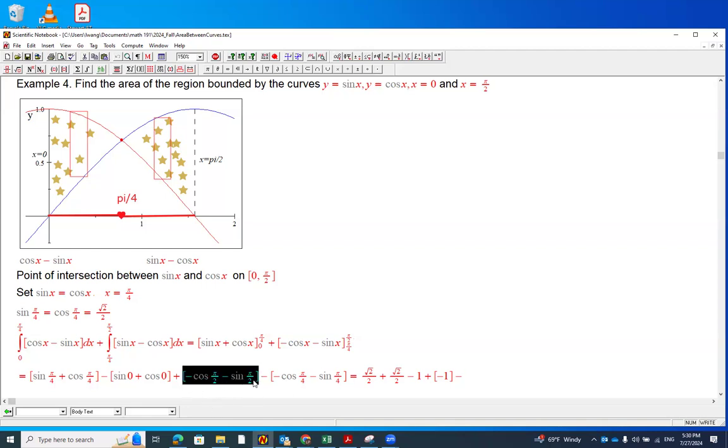From this bracket, it's minus 1. The second bracket is that we got a cosine pi over 4, that's root 2 over 2, another root 2 over 2, so minus root 2 over 2, and minus another root 2 over 2.